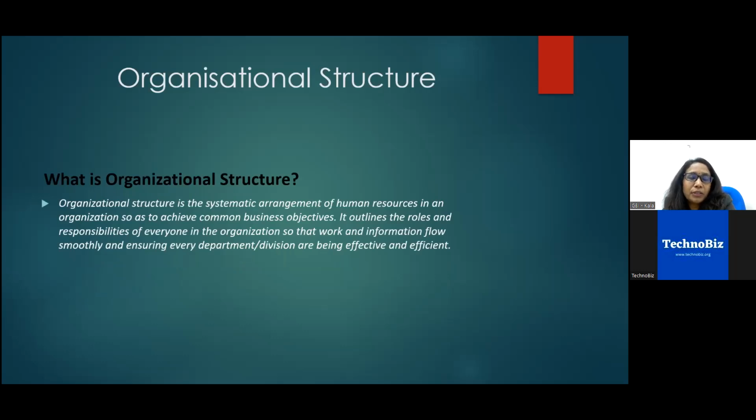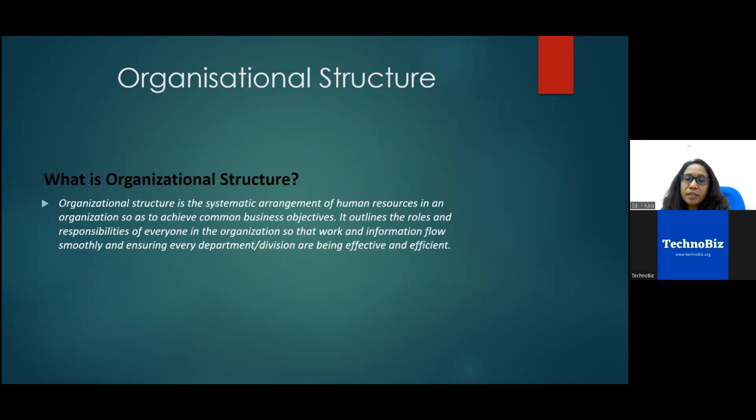Organizational structure. What is organizational structure? An organizational structure displays how different resources of an organization come together and align with goals. It clearly defines the function of employees that enable them to work harmoniously and effectively.